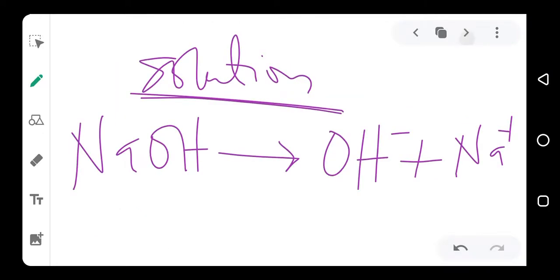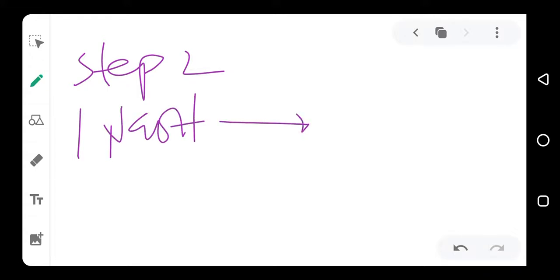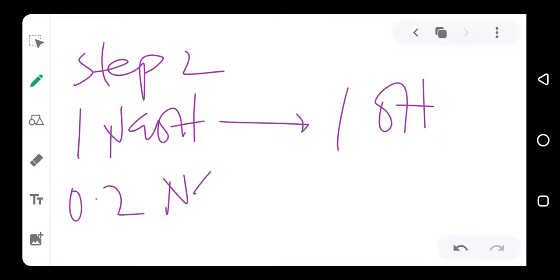So in step 2, we have one sodium hydroxide gives us one hydroxy ion, and 0.2 sodium hydroxide gives us X, and so we calculate for X.